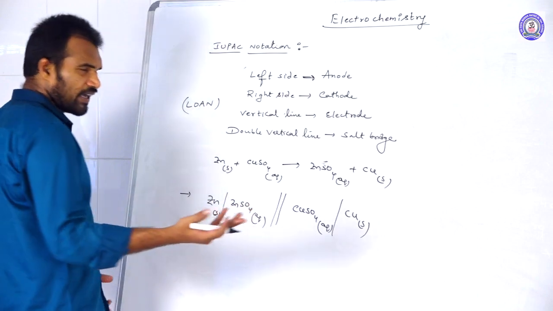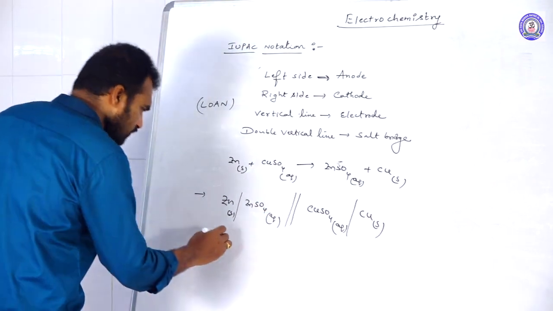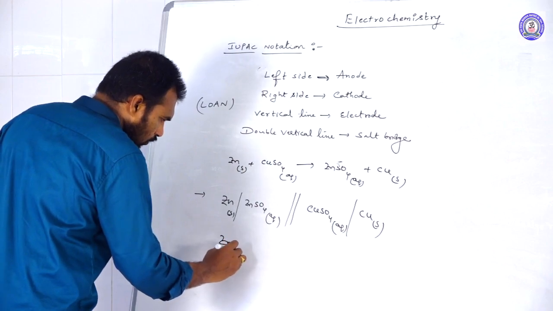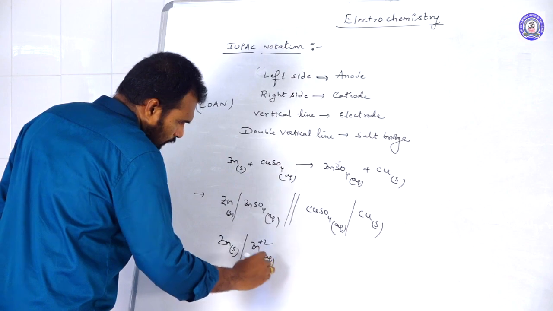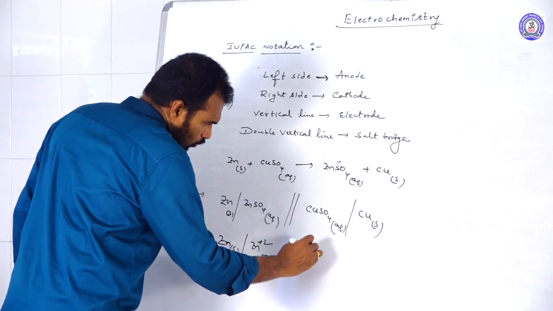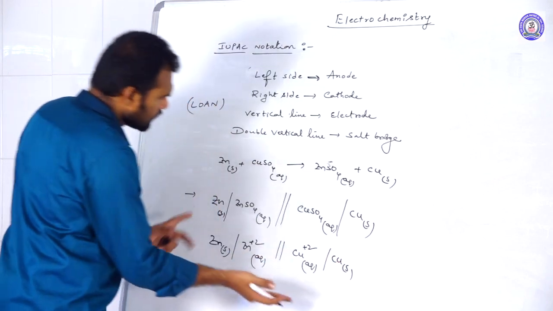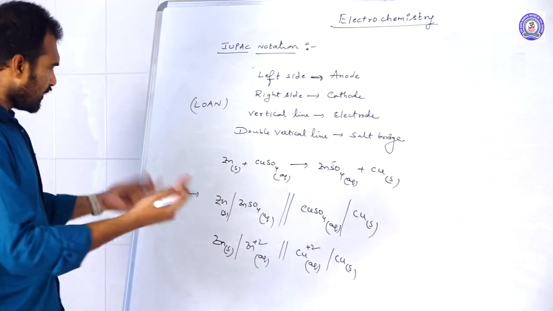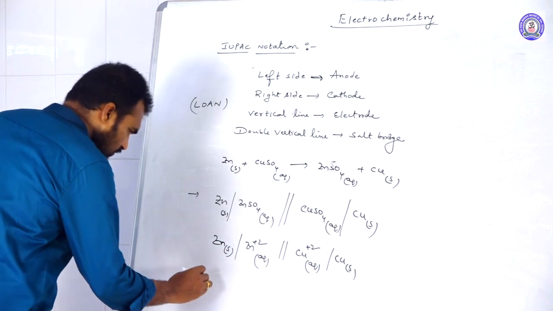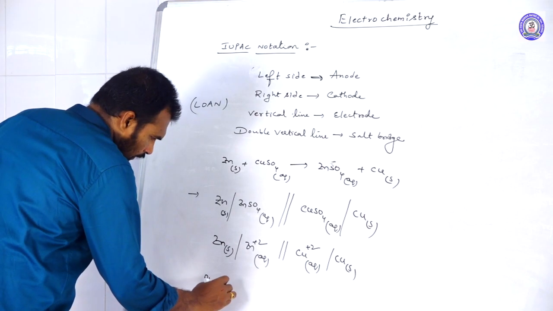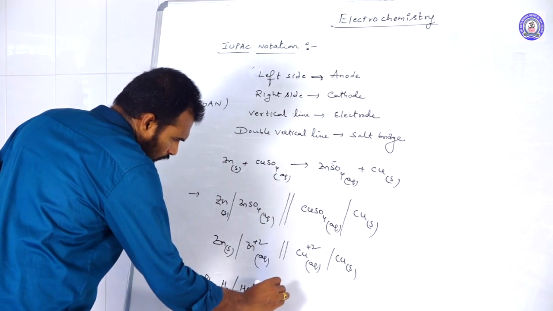Otherwise, as we know, sulfate ion is a spectator ion. No need of representing the spectator ions. You can also represent zinc solid, Zn2+ aqueous, double vertical line, Cu2+ aqueous, Cu solid. In this form also we can represent. In case the electrodes are gases, in case of gaseous reactions: platinum, hydrogen, HCl aqueous.